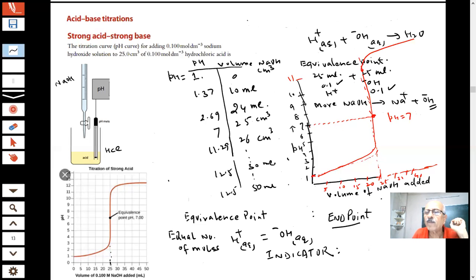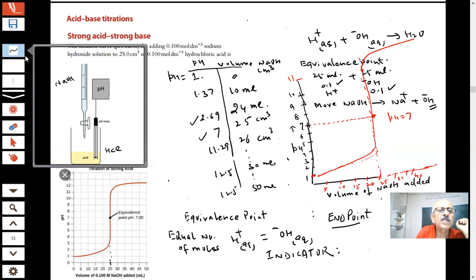So if I add that indicator, what will happen? Up to 24 milliliter, nothing. But as soon as I go to 25 milliliter, you can see the pH is immediately changing. At 24 milliliter the pH is 2.69, but as soon as I add one more milliliter, the pH is 7. There's a large increase.